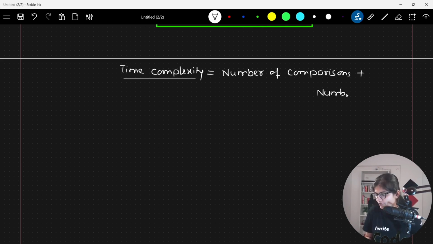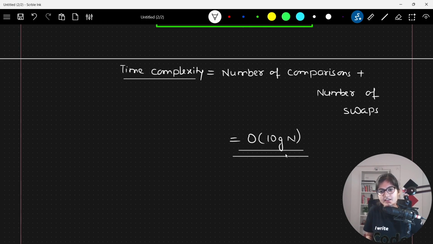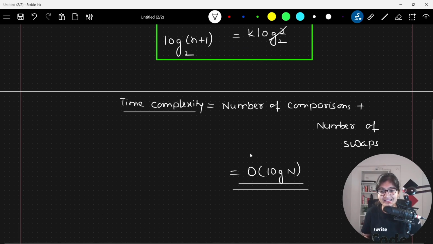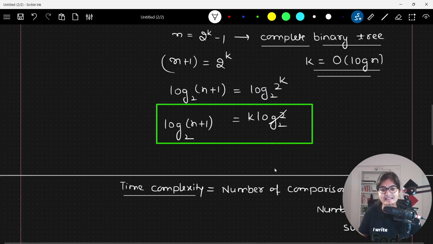So can I say that, as a cumulative, this is equal to big O of log of n.